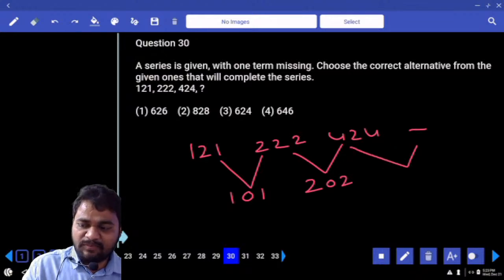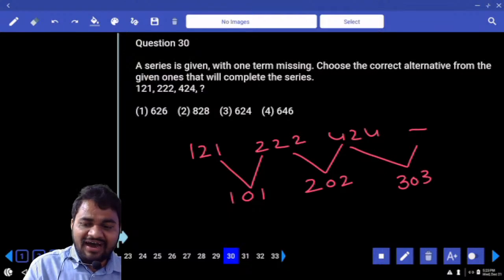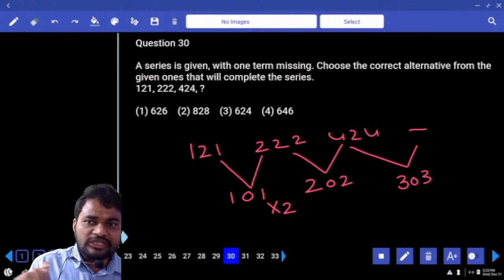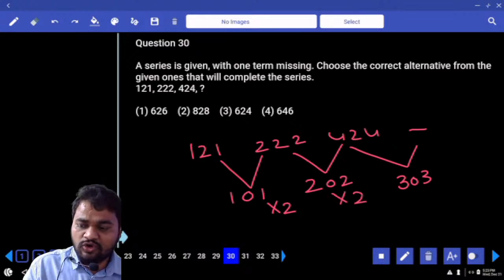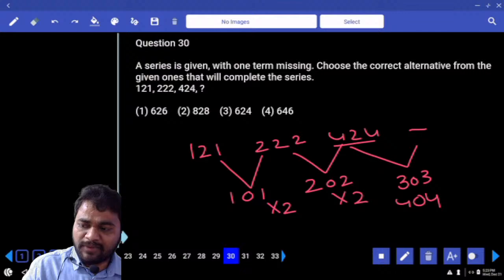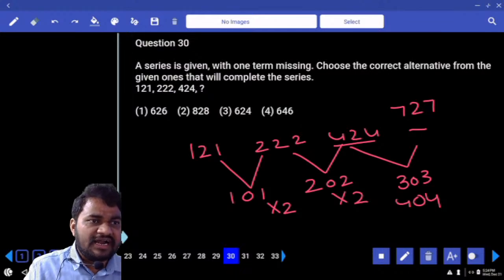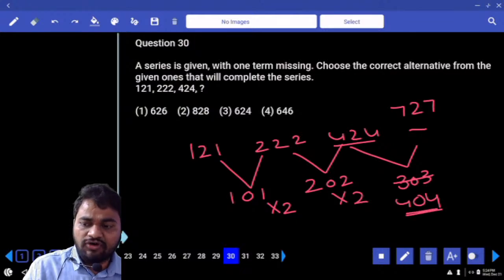Next difference may be 303, or 101 into 2 is 202, 202 into 2 is 404. 303 is a valid number, 404 is also a valid number. 424 plus 303 will be 727, but the number 727 is not available, so I should not take 303. I should take 404. 424 plus 404 is 828, option 2.